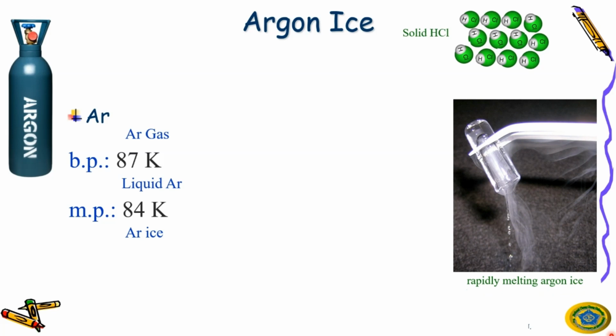So in reality, you can make argon ice. If you take the argon ice out from 84 Kelvin to room temperature, the argon ice will melt immediately. This is melting argon ice. You can see the vapor and the liquid argon dropping, and very soon it becomes argon gas.